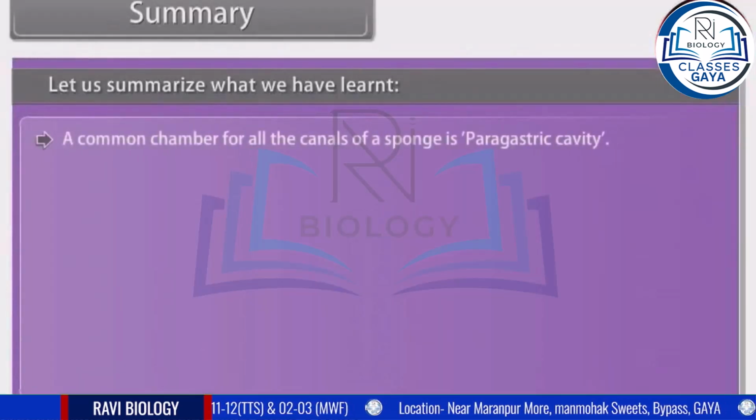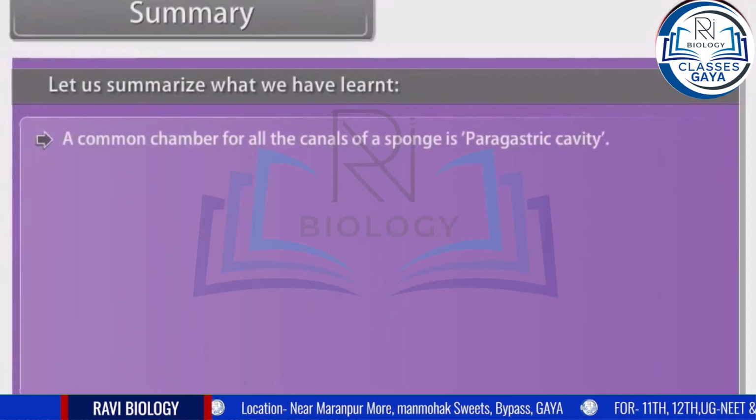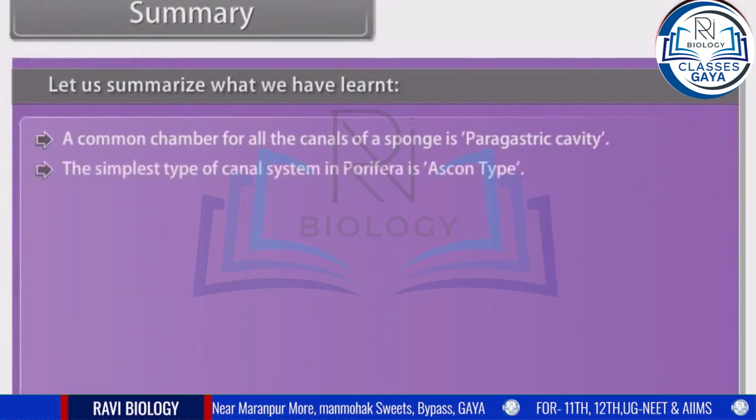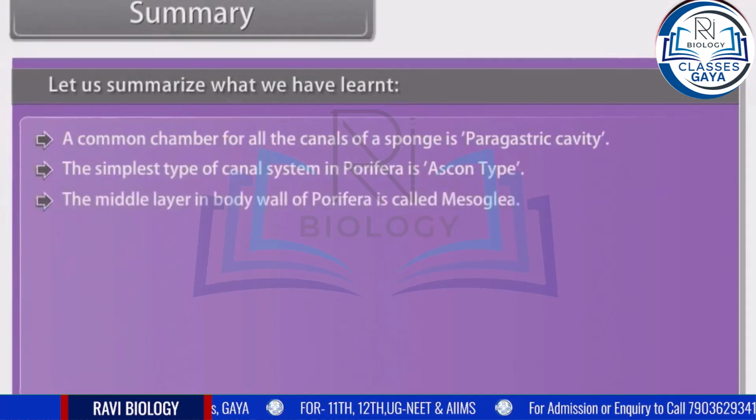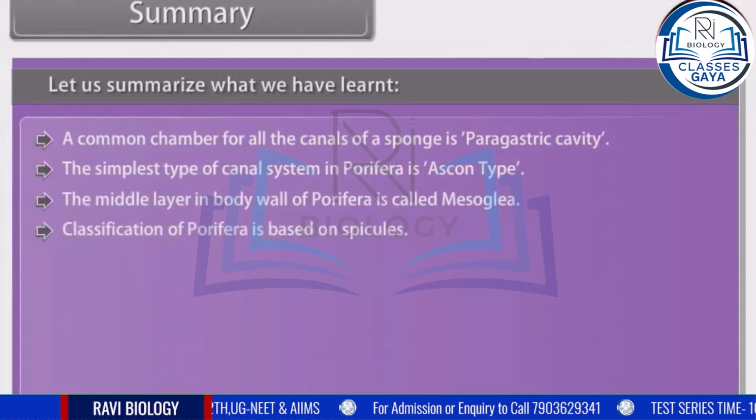A common chamber for all the canals of sponges is paragastric cavity. The simplest type of canal system in Porifera is Ascon type. The middle layer in body wall of Porifera is called mesoglea. Classification of Porifera is based on spicules.